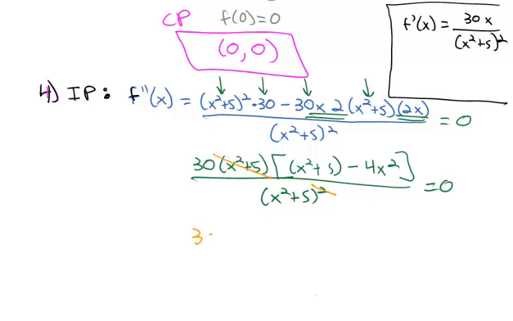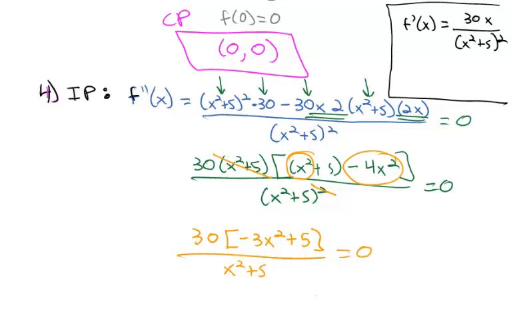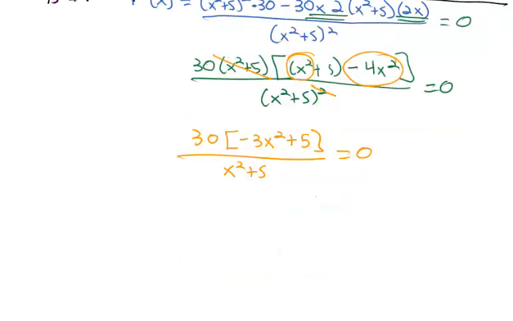So we now have 30 times, and if I combine like terms, x squared minus 4x squared is negative 3x squared plus 5, over x squared plus 5 equals 0. This is going to be a little easier to solve.